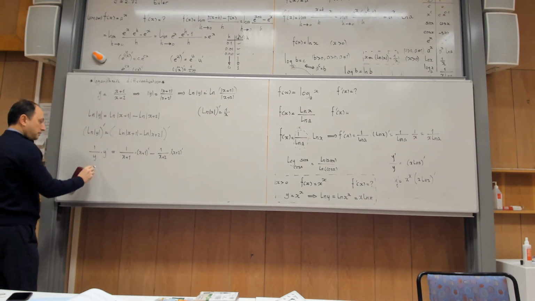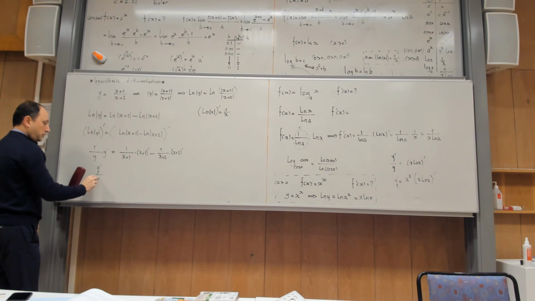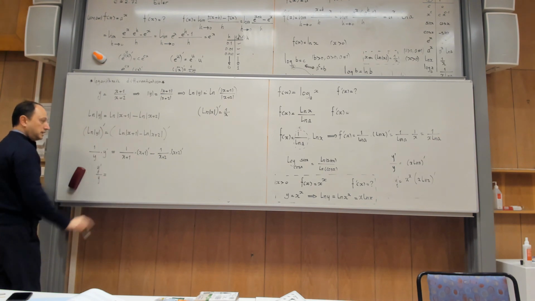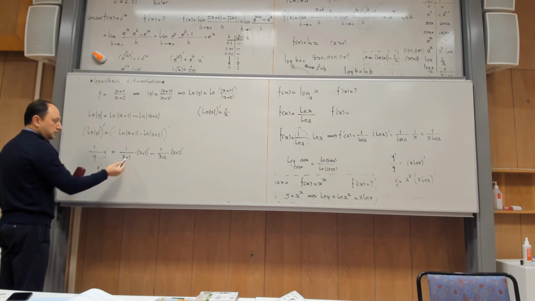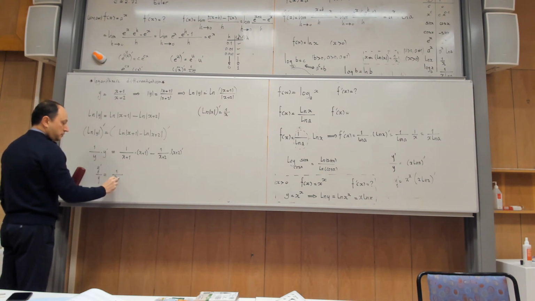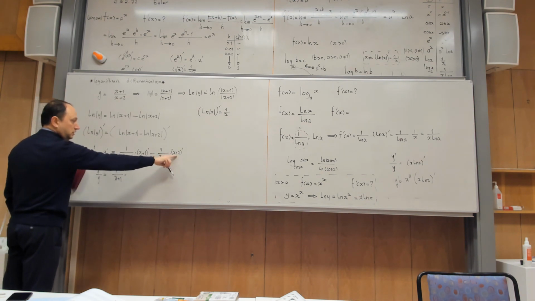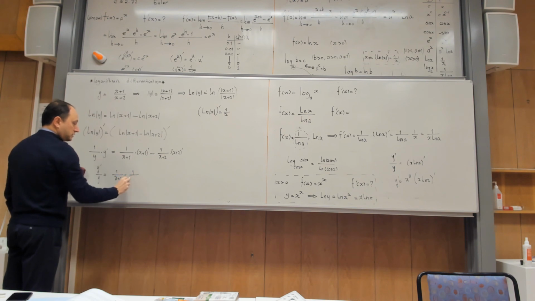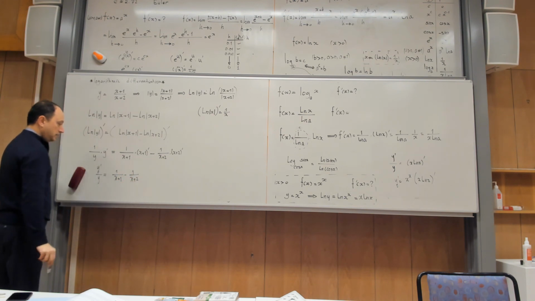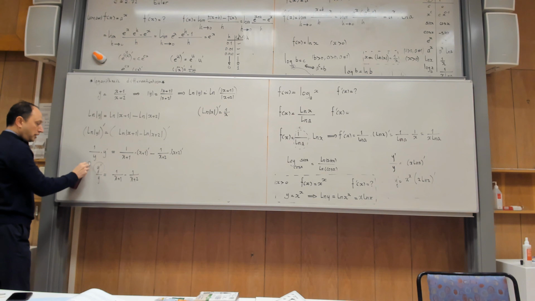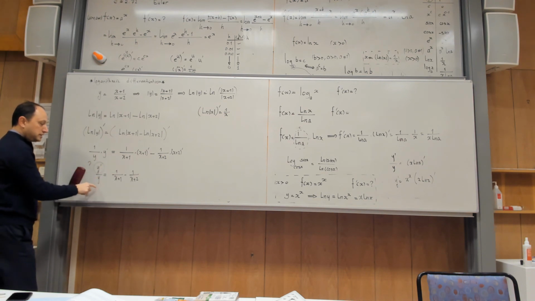Okay, one more step. So let me write y prime over y equals, the derivative of this is 1, 1 multiplied by that is the same thing. The derivative of this is 1, multiplied by that is the same thing. But I am looking for y prime. So I multiply everything by y.